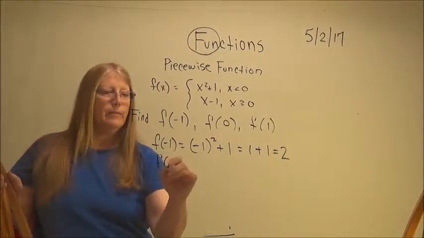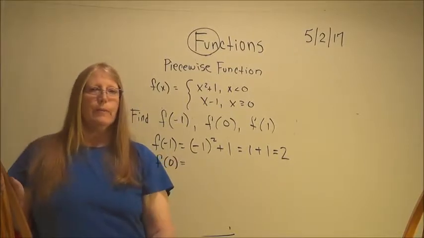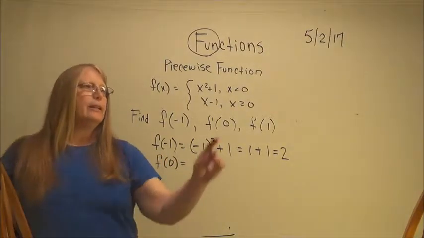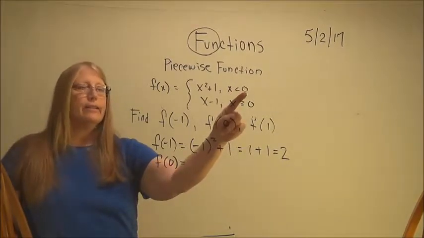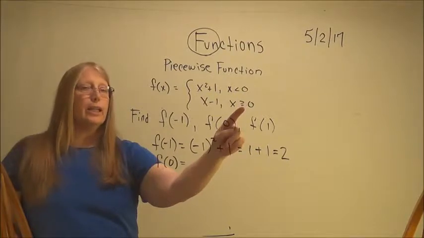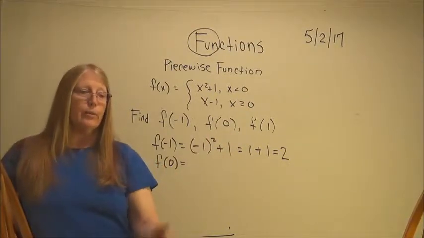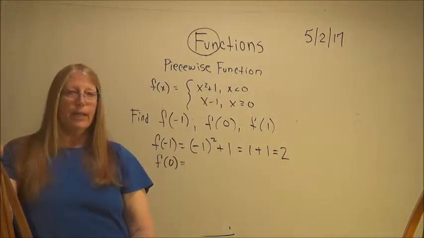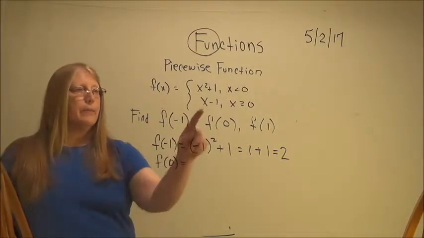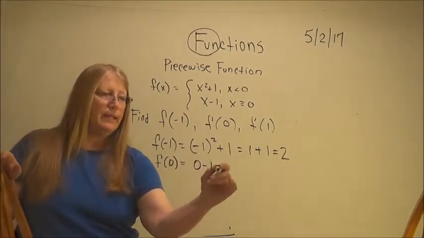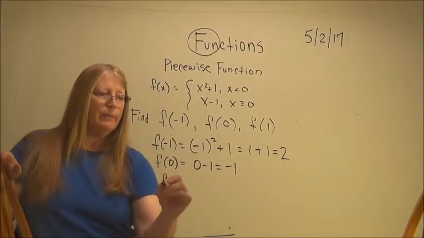f of 0, which piece should we pick this time? Well, the piece that has 0 in it. This says x is less than 0, and this says x is greater than or equal to. Since it's "or equal to," that's the piece that we will use to evaluate f of 0. So I'm going to put a 0 in for x in that piece, and I get a -1.